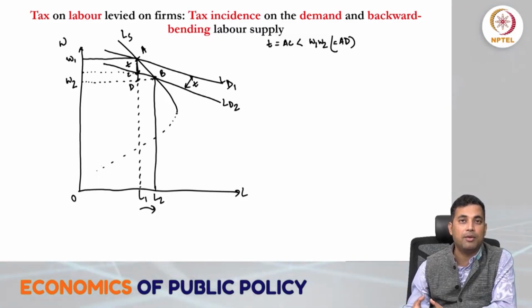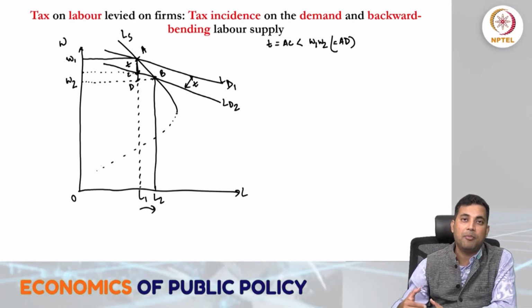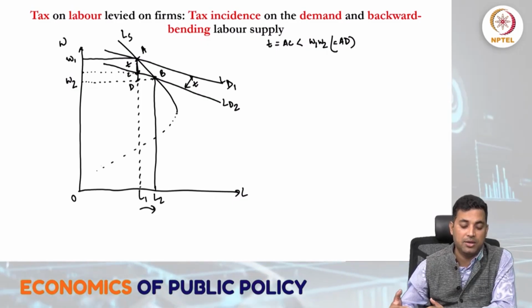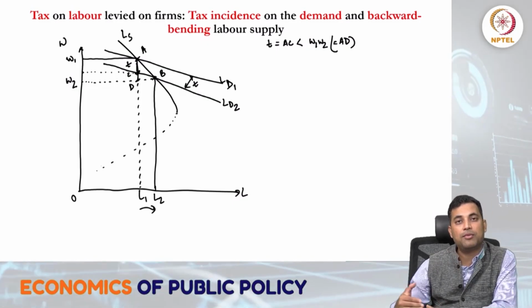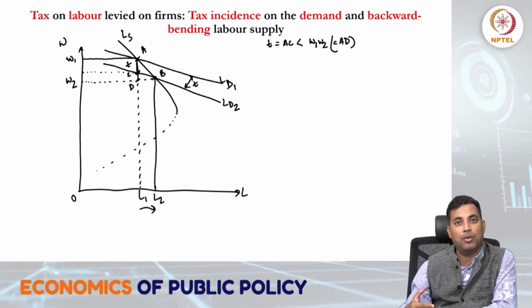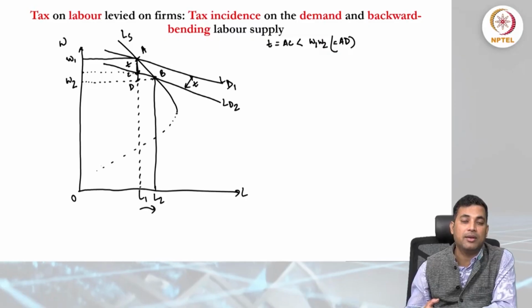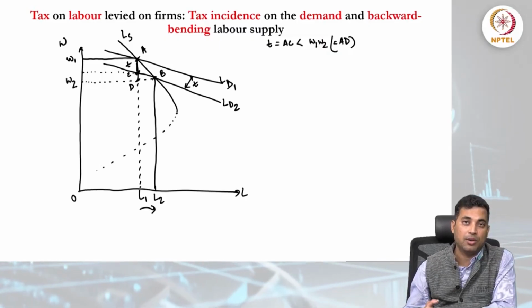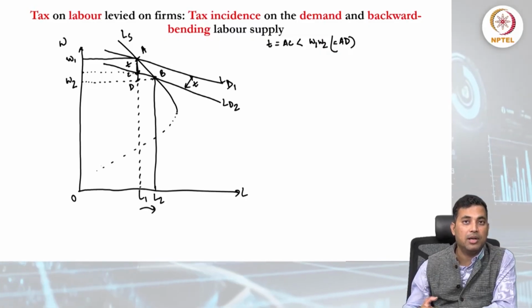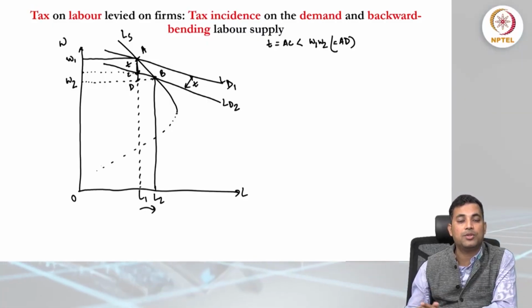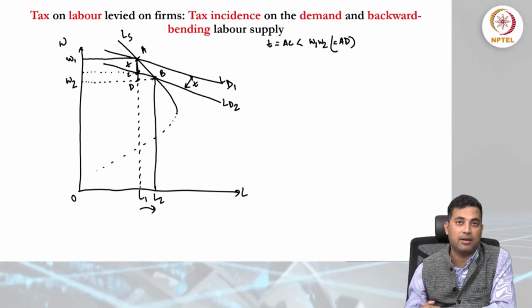The moment labor demand is reduced, there will be higher pressure on the labor supply, and therefore the amount of employment will increase, from OL1 to OL2. This will create downward pressure on the wage, and the wage will be reduced substantially.